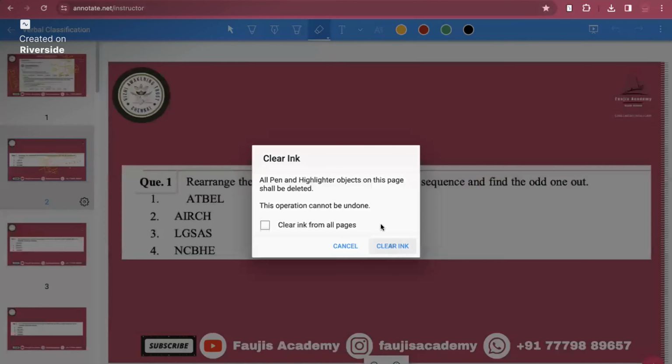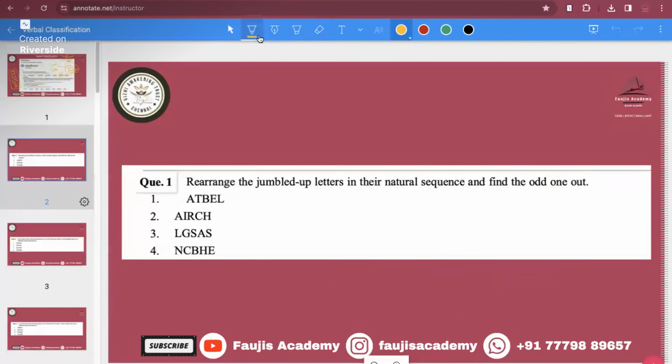We have to form some word over here, in the natural sequence and not the alphabetical sequence. So it will be Table. Then this is CHAIR. Chair. This is LGSAS. That means glass.